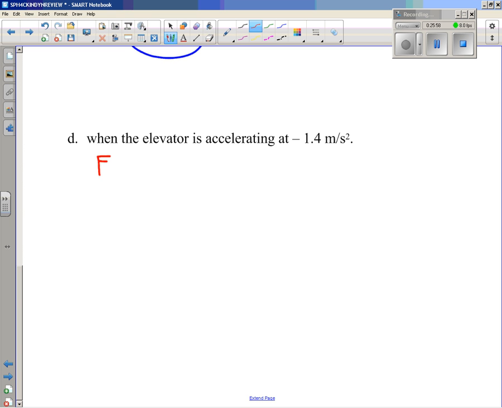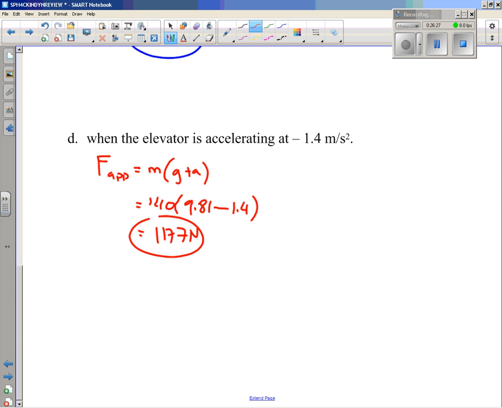If it is accelerating, you feel an apparent weight, which is m times g plus a: 140 times 9.81 minus 1.4. 140 times bracket 9.81 minus 1.4 bracket equals, and I got 1177 newtons. Feels a little lighter.